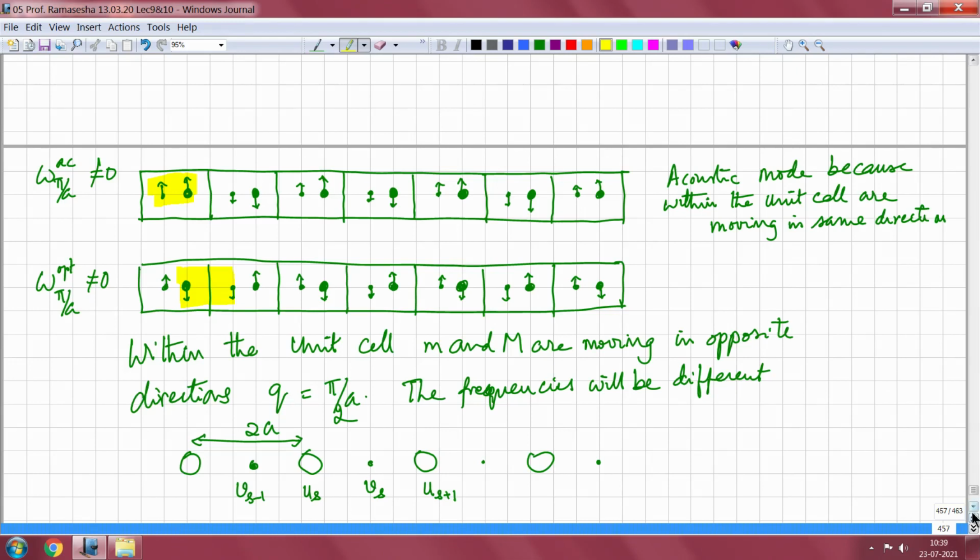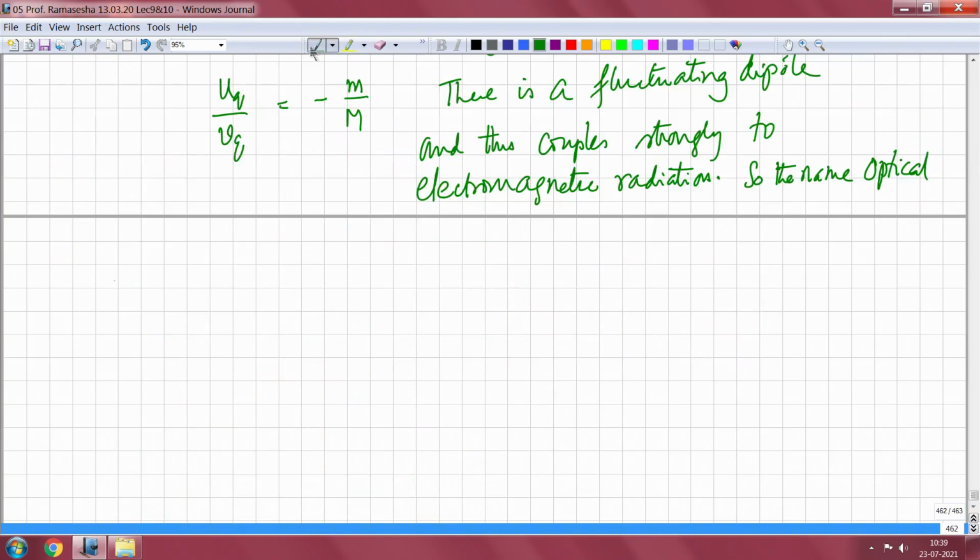Now you see this is very much like the hydrogen molecule case that we talked about, for k equal to pi by 2a in the electronic structure case of the hydrogen chain.